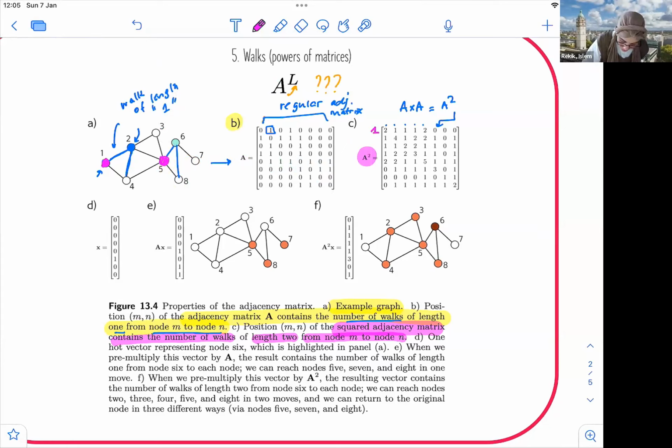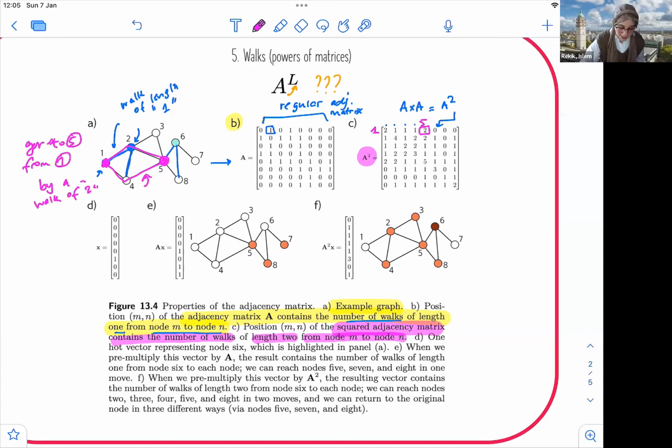You will see that the length of the walk from 1 to 5 is 2. That's the minimum number you're having here, so that's the shortest distance. You can get to node 5 from node 1 by a walk of 2.